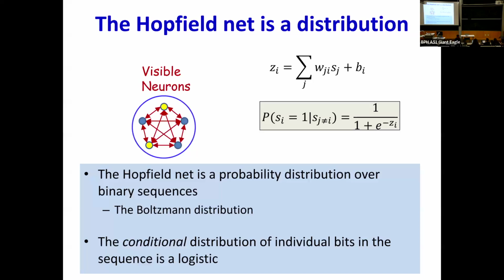At each neuron, the neuron computes a logistic, a softmax over the field. So it's going to be the sigmoid, the logistic, softmax, sigmoid, they're all the same thing, right? So the probability that any neuron takes the value 1 is going to be the sigmoid function applied to the field at the neuron.